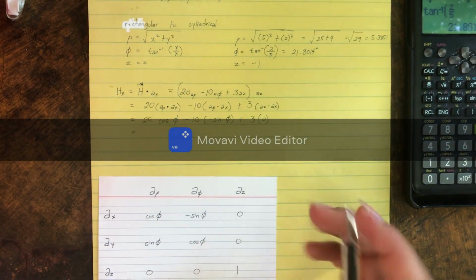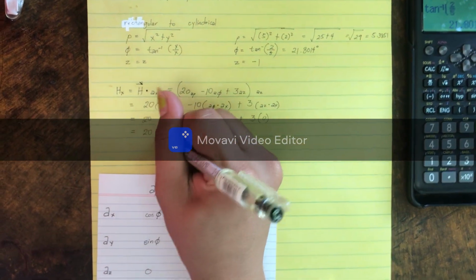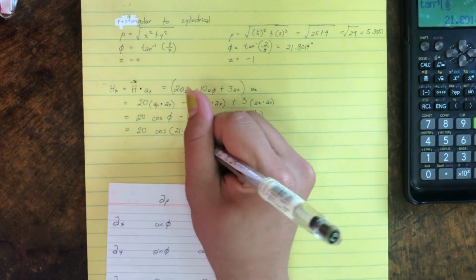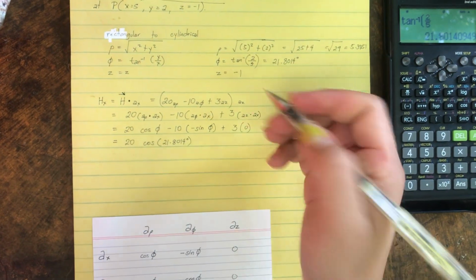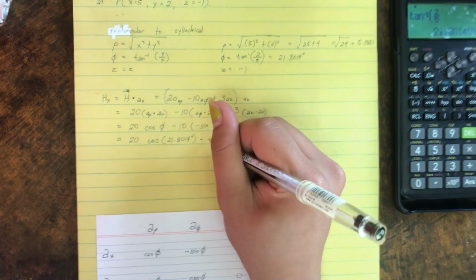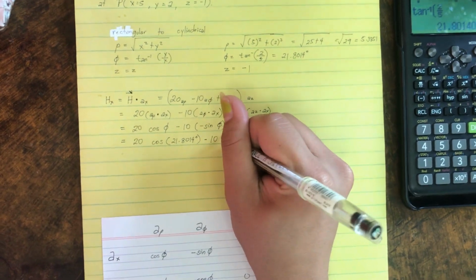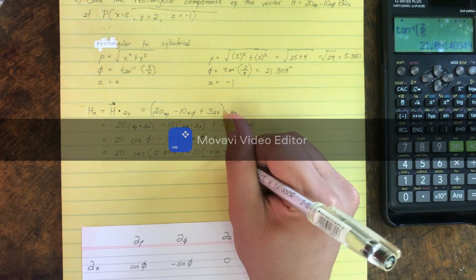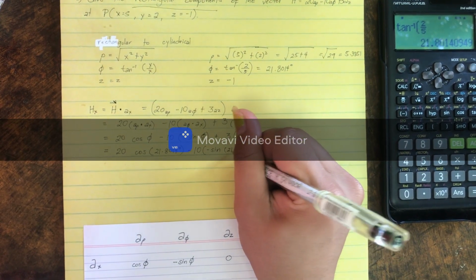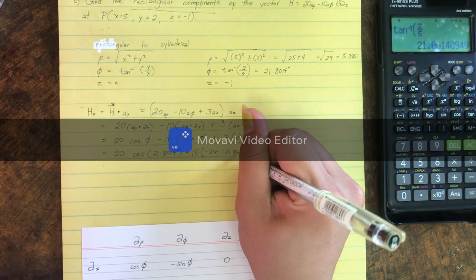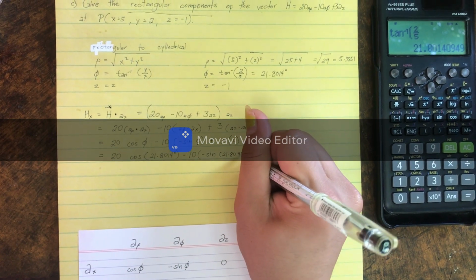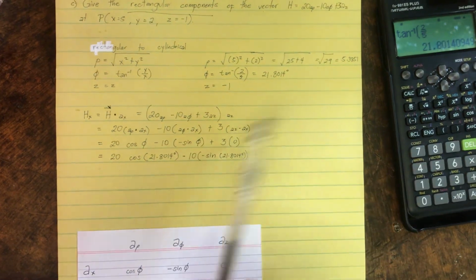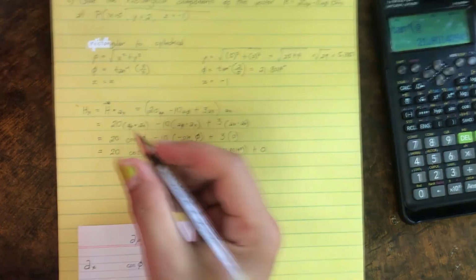This equals 20 cos of our phi, which is 21.8014 degrees, minus 10 times negative sine of our phi, 21.8014 degrees, plus 3 times 0 is equal to 0.